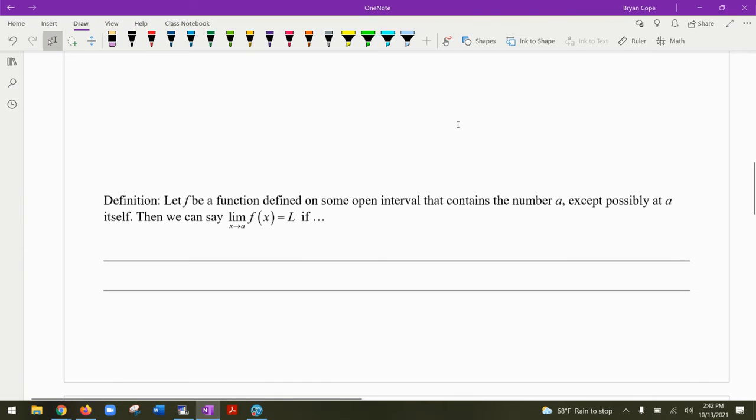Here's the formal definition that goes for single variable, and that'll help you understand the multivariable a little bit. So here's how it starts. Let f be a function defined on some open interval that contains the number a, except possibly at a itself.